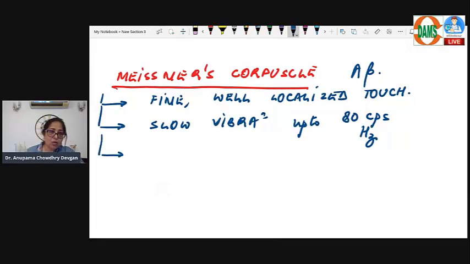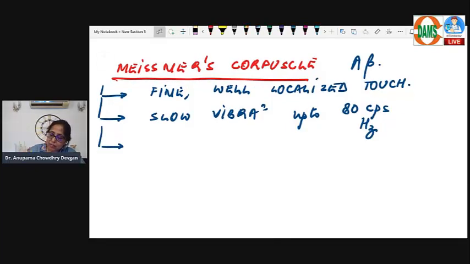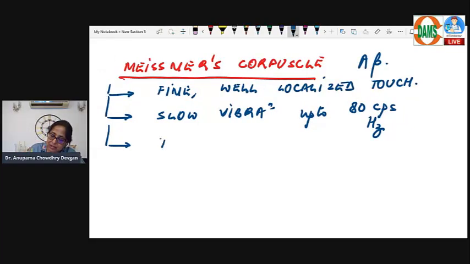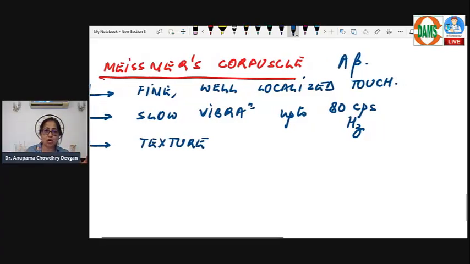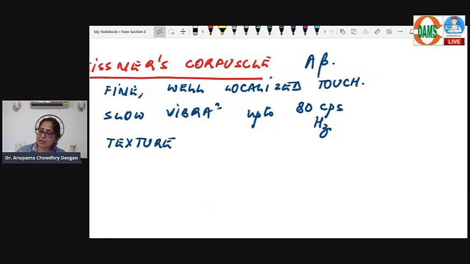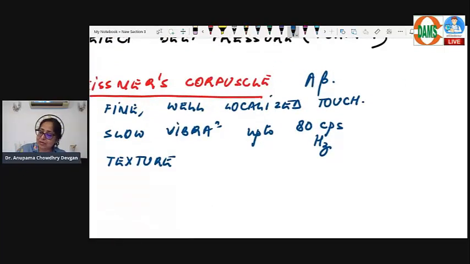Meissner's corpuscles are also meant for texture. When you are trying to feel for texture, where are these Meissner's corpuscles located? They are numerous in glabrous skin. Now, what is glabrous skin?